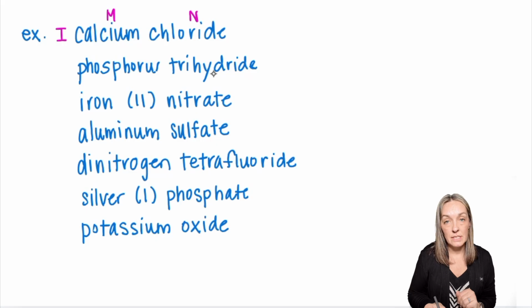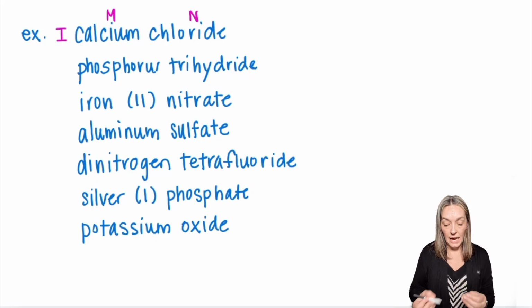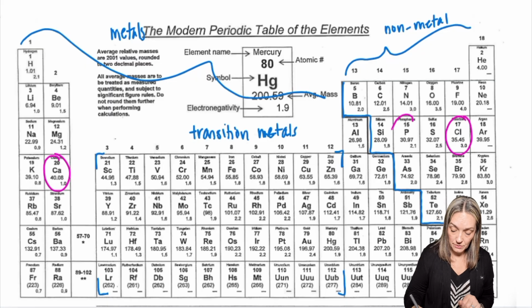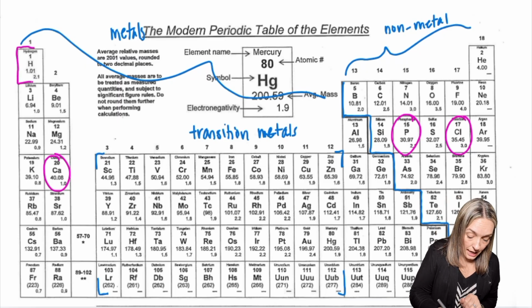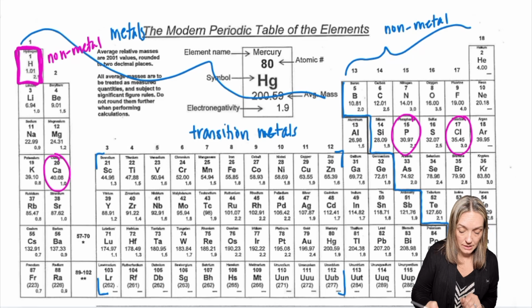We have phosphorus and hydride. Hydride means that we have the element hydrogen. When I find phosphorus on the periodic table, phosphorus is a nonmetal. Hydrogen is the only nonmetal that is located to the left of the staircase.